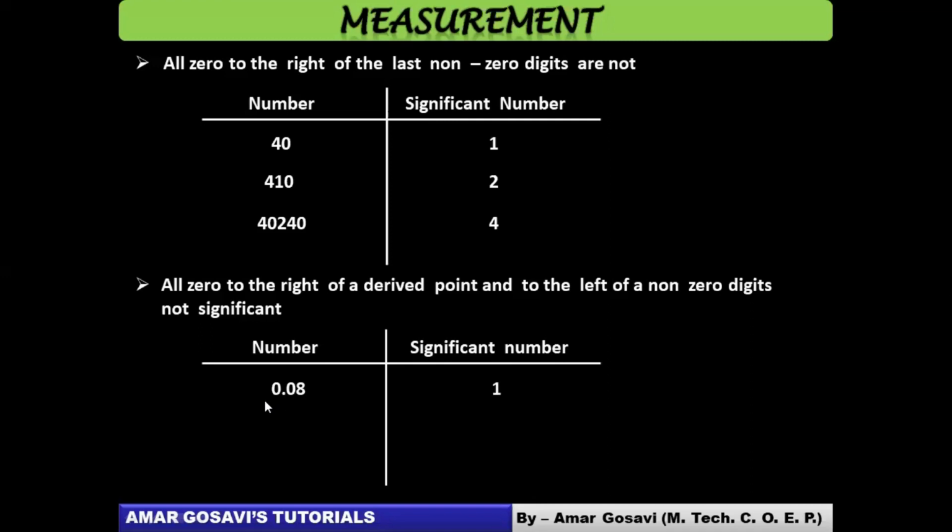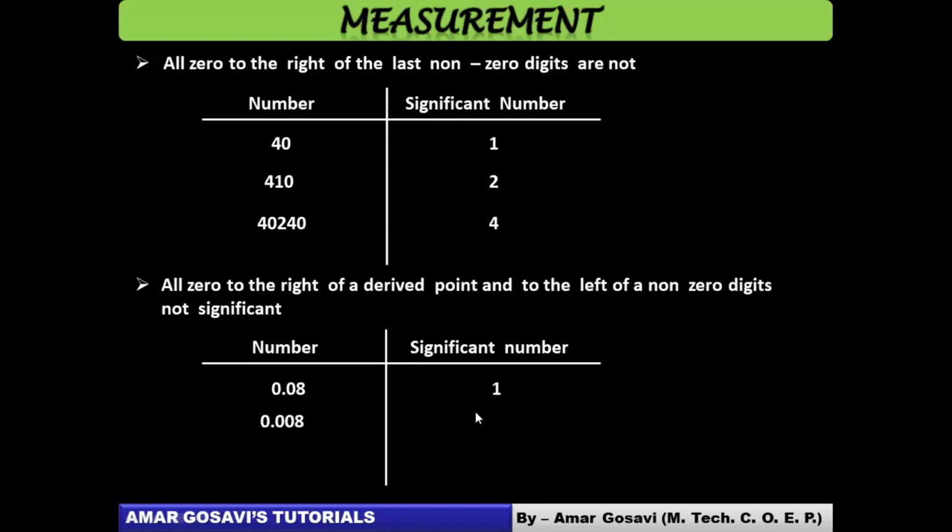Whatever is to the right of the decimal point: this 0 is non-significant, obviously this 0 is also non-significant, and therefore the only significant figure is 1, and that is 8 in this case. That's what this rule says. Okay, let's talk about this. Anybody can unmute and tell me how many significant figures are involved here.